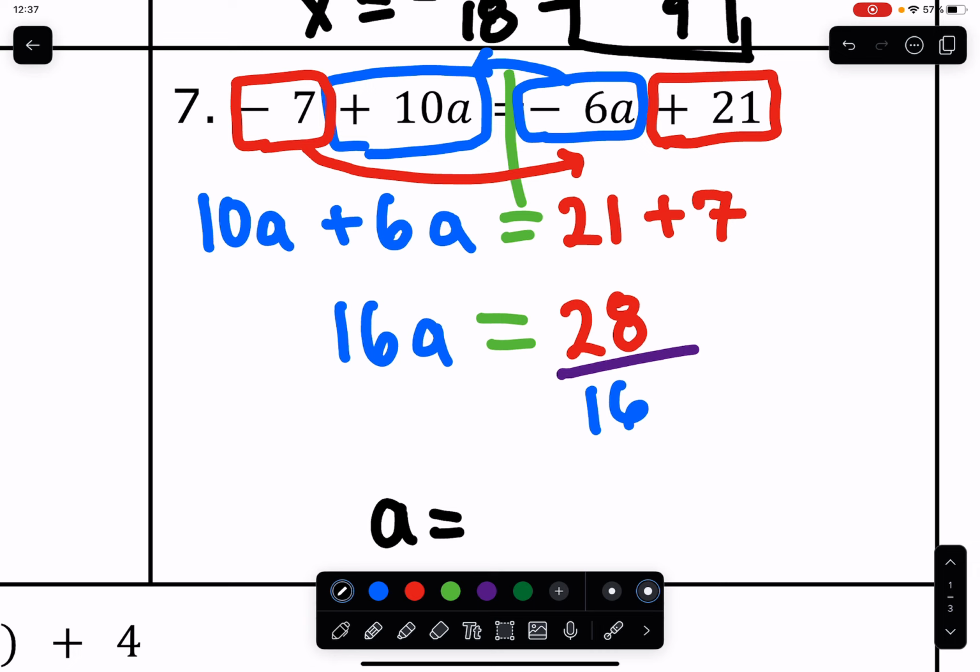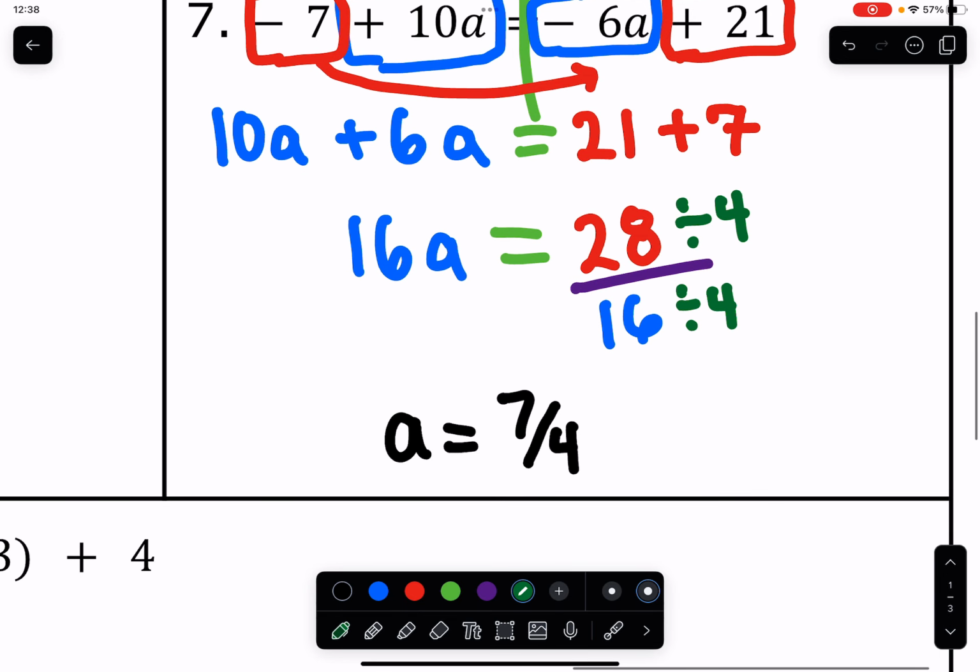But since I want all of my answers to be in fraction form, I need you to convert that into a fraction. That is 7 over 4, which we can get because 16 doesn't go into the 28. We can see that there is a common factor of 4. I can divide both of these numbers by 4, and the fraction reduces to 7 over 4. So there is your answer, 7 over 4.